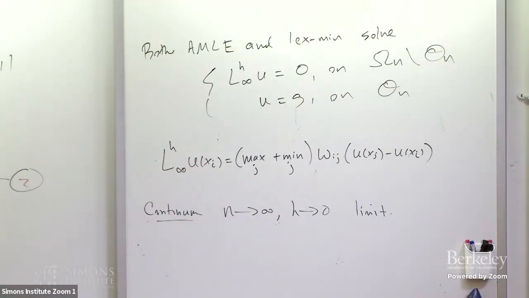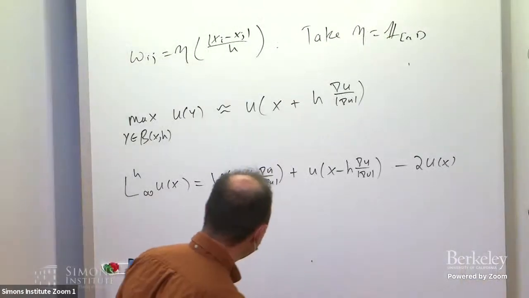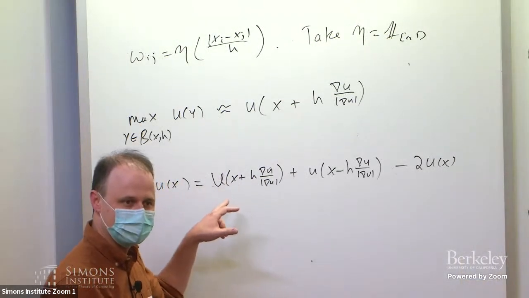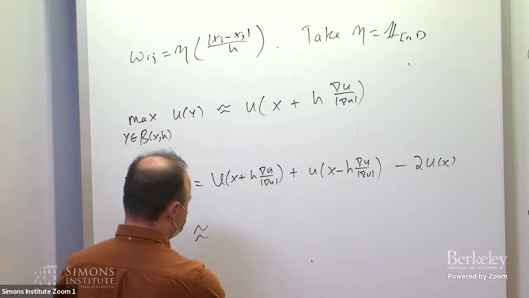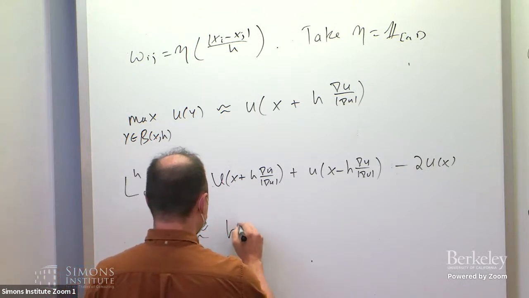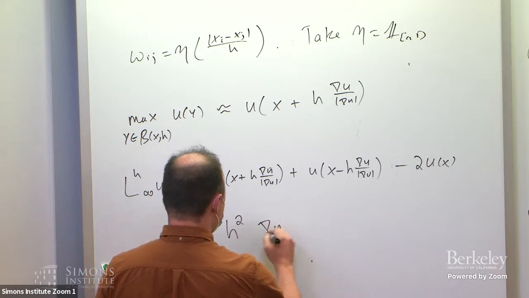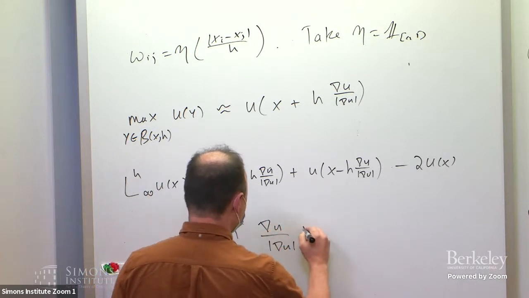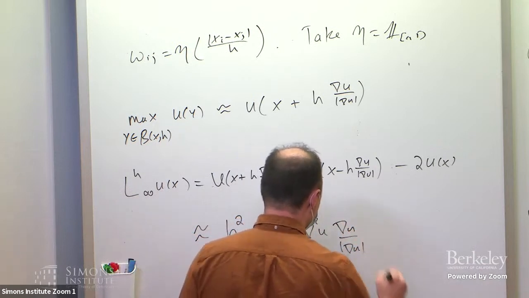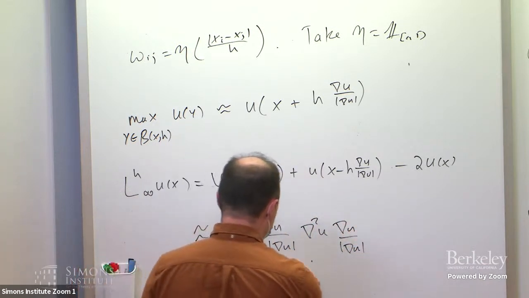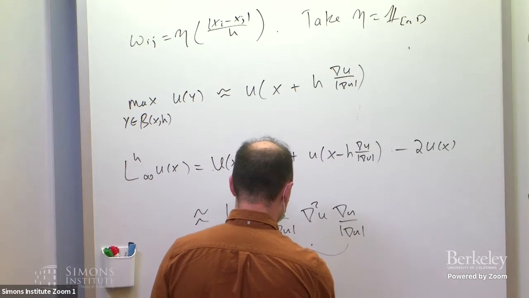So this looks essentially like a second derivative estimation, right? So for the second derivative in the direction of the gradient. So this should give you approximately h squared times grad u over norm grad u, Hessian of u, grad u over norm grad u. And this thing is what we call the infinity Laplacian of u.